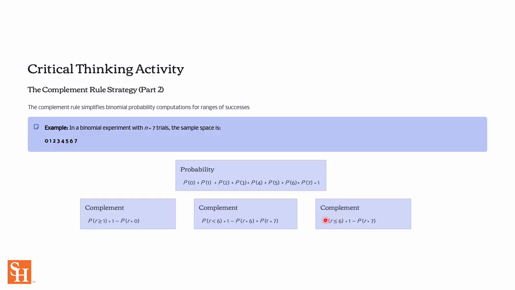Similarly, if you are interested in the probability that R will be less than or equal to 6, you are interested in all of these probabilities. Alternatively, you would have to do that 7 times, but instead you can convert this problem to the complement problem.